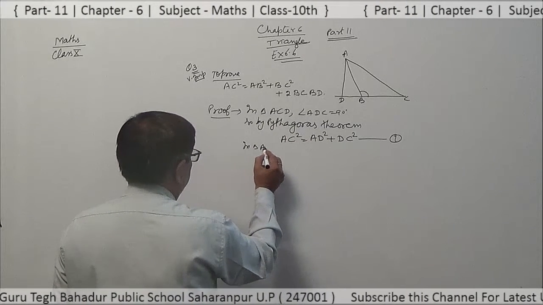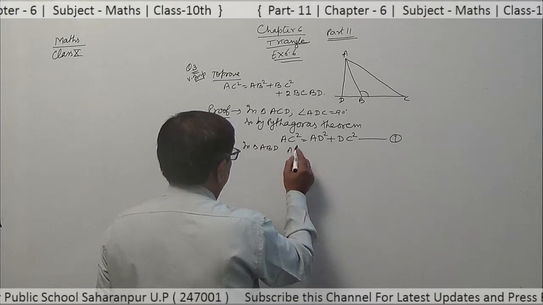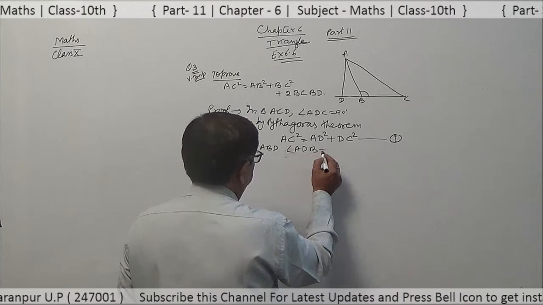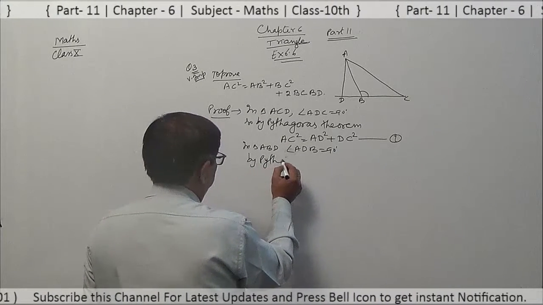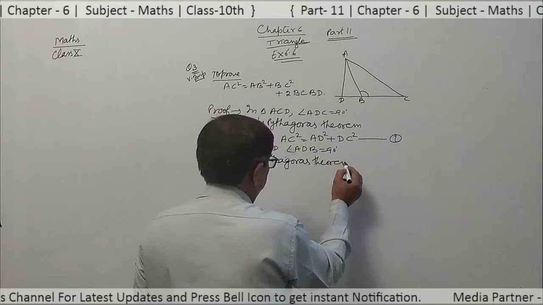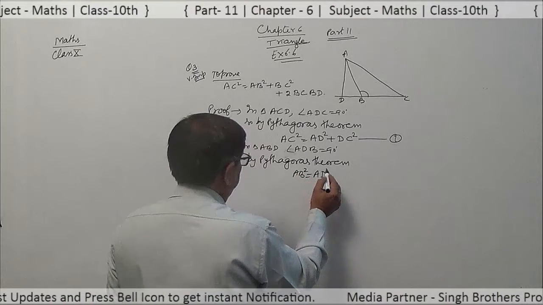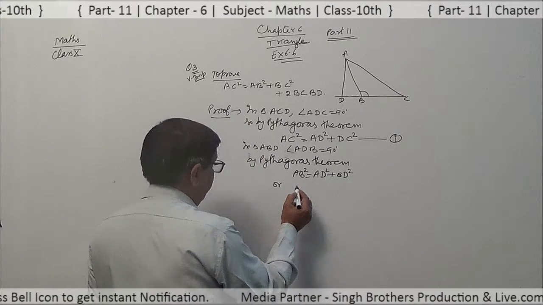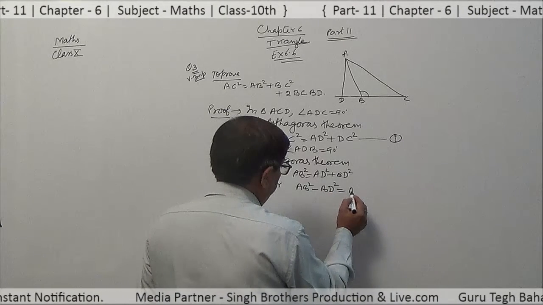And triangle ABD, here also angle ADB is 90 degrees. So by Pythagoras theorem, AB square is equal to AD square plus BD square, or AB square minus BD square is equal to AD square.